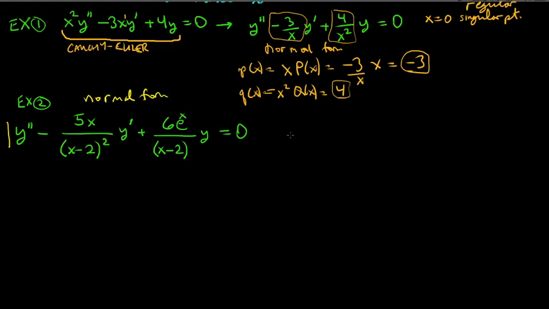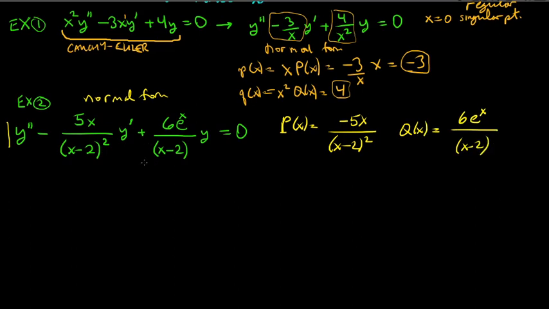That means we can identify our capital P as negative 5x over x minus 2 squared. And our capital Q of x is just 6 e to the x over x minus 2.